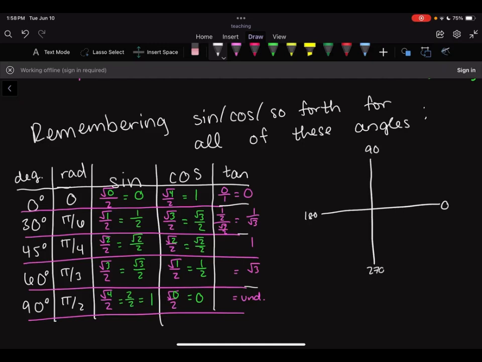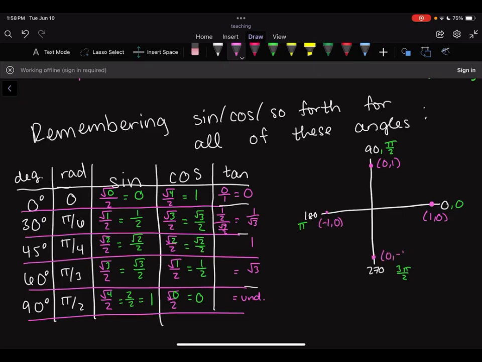I'll write it in radians as well. If I run into any of these, I remember the points. So this is 1, 0, this is 0, 1, this is negative 1, 0, and this is 0, negative 1.